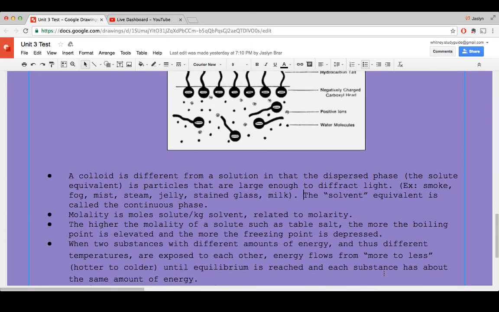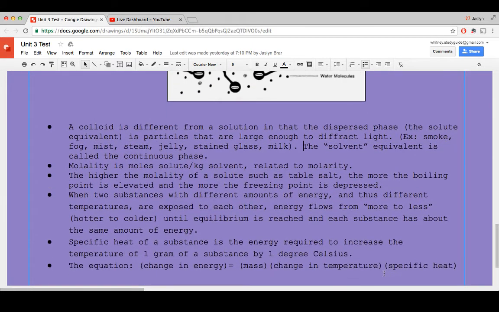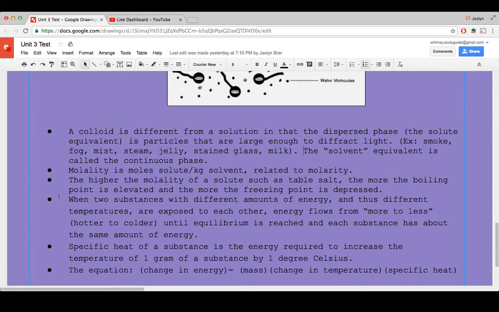And then we're going to get into the hot shots lab type information. When you have two substances with different amounts of energy, and this is obvious, they're probably going to have different temperatures. So when they're exposed to each other, the energy flows from more to less, or from the hotter object to the colder object.